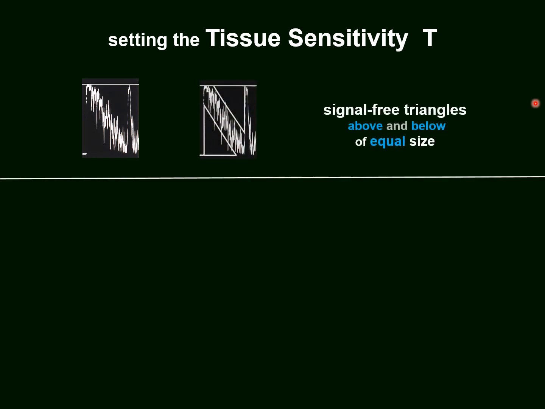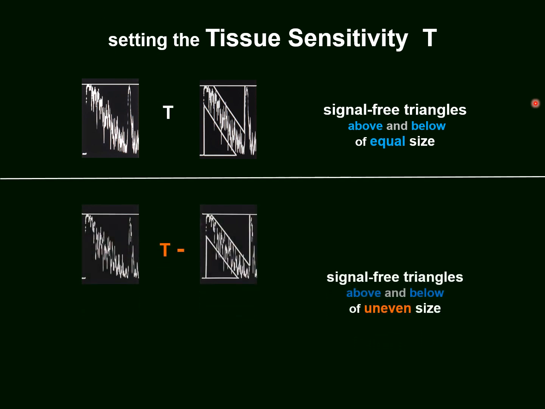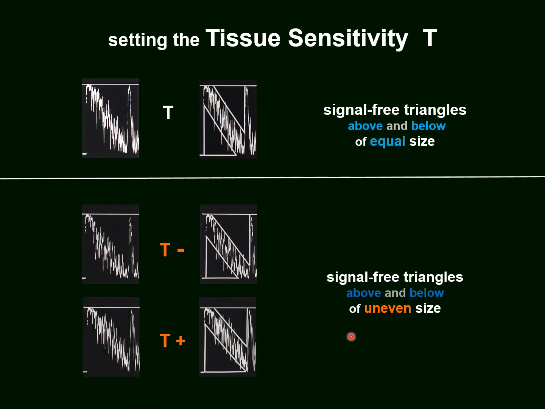And that is then tissue sensitivity for this particular instrument probe combination. A T minus would be when the triangle above is larger than the triangle below, and a T plus when the triangle above is smaller than the triangle below.